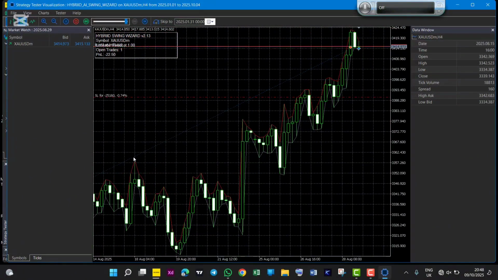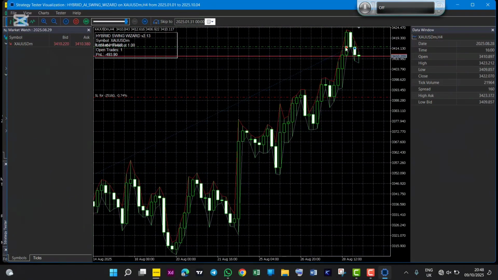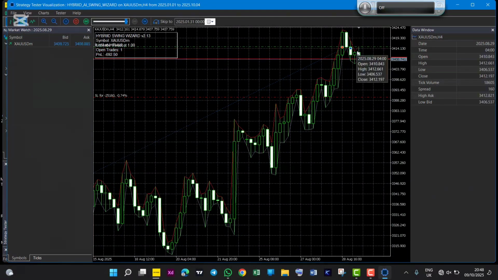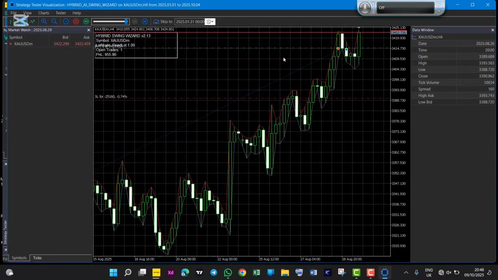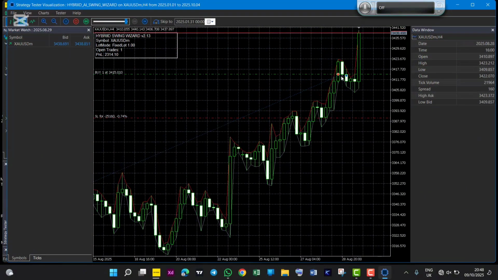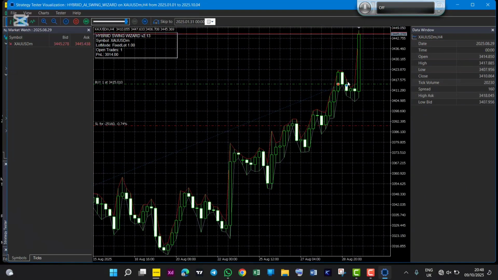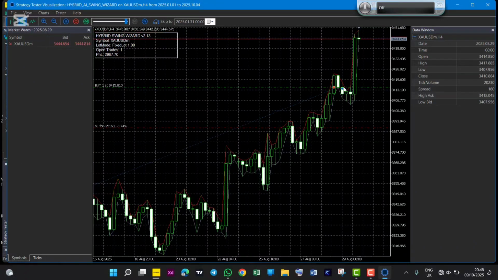We hit TP after holding for a very long time, and look at what happened here. Immediately we hit TP, the robot took another entry, which means that probably there's a potential for price to keep going up, and that is why after we hit TP it immediately took another entry.